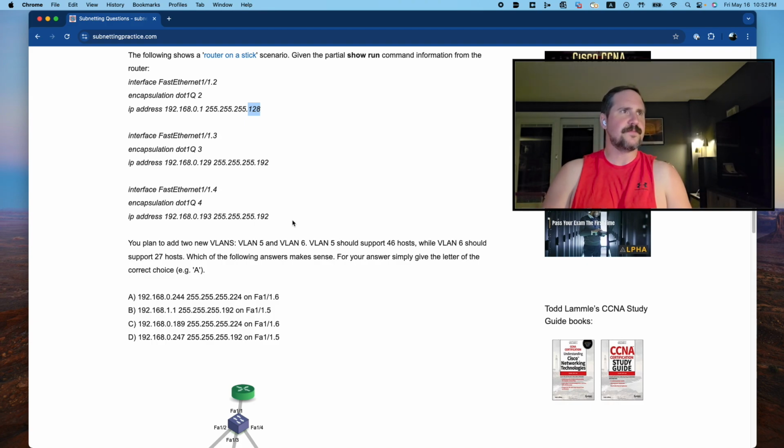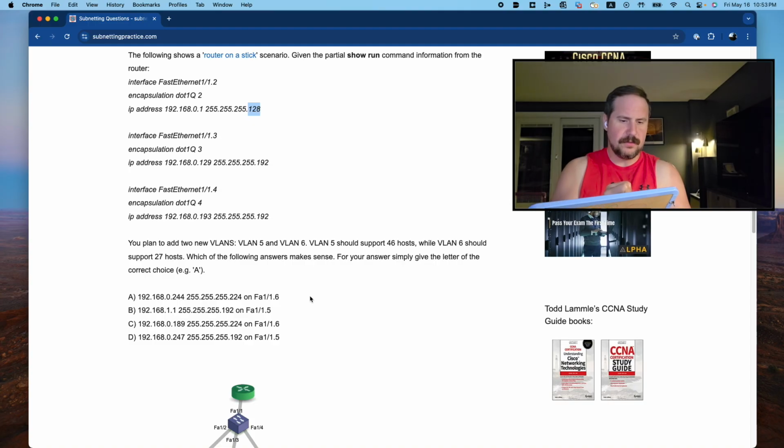All right, so does it make sense for option A, number 6, 192.168.0.244? Let's see what space that occupies. It has a .224.